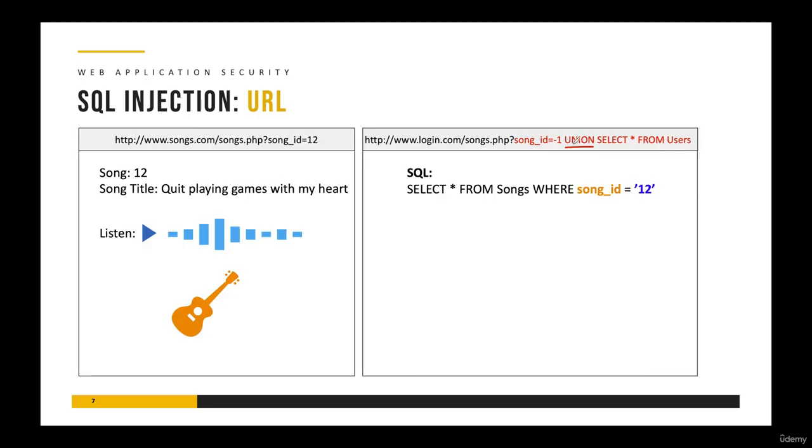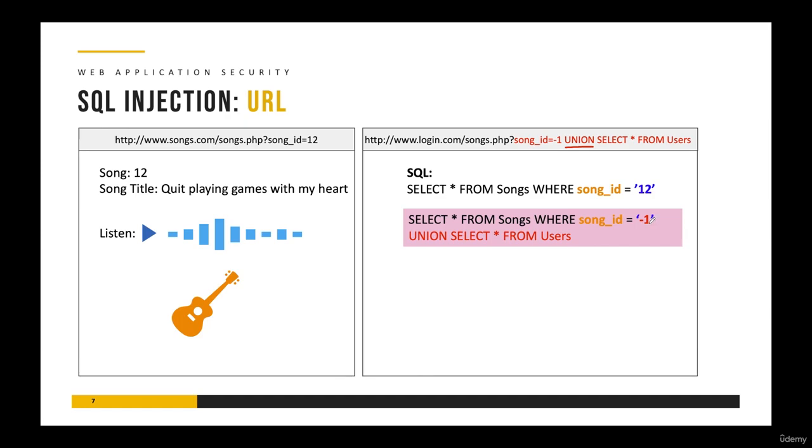So what the union operator does is that it executes this part of the query separately, and then it creates a separate query for this part. So the final query becomes select star from songs where song ID is equal to -1. So this is not going to return any song because we don't have any song with an ID of -1, but that's okay. We are more interested in getting this thing. So union select star from users.